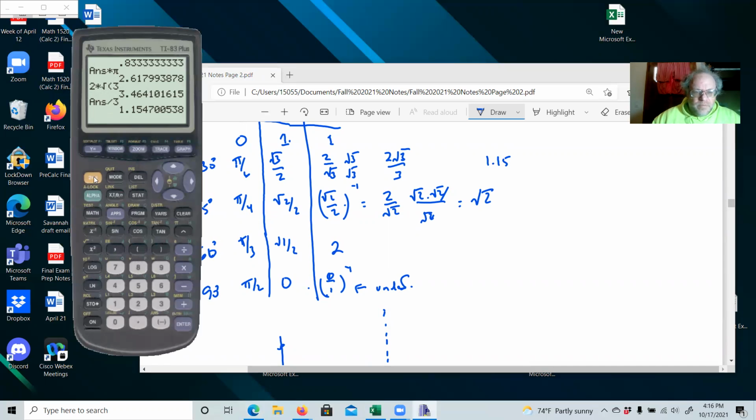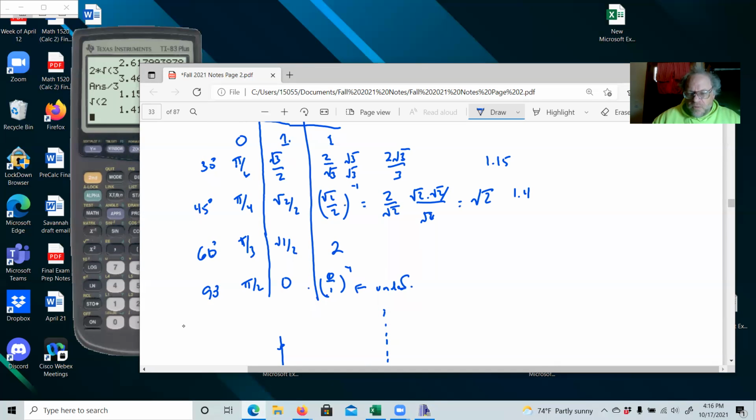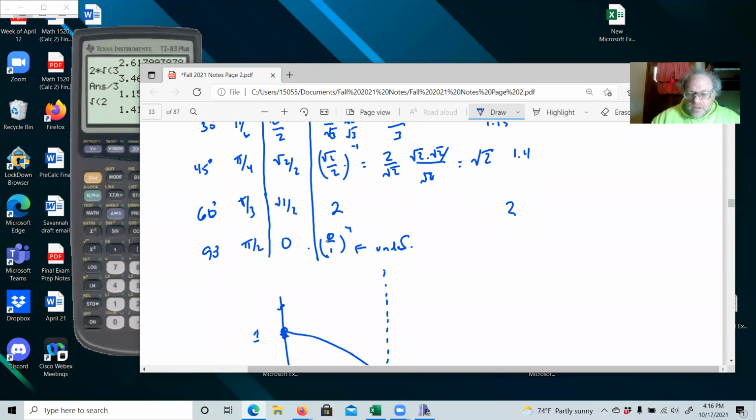What's the square root of 2? You should know this one, 1.4. Then 2. So these are getting bigger as we get closer and closer to pi over 2. So the secant value is actually moving up this way.